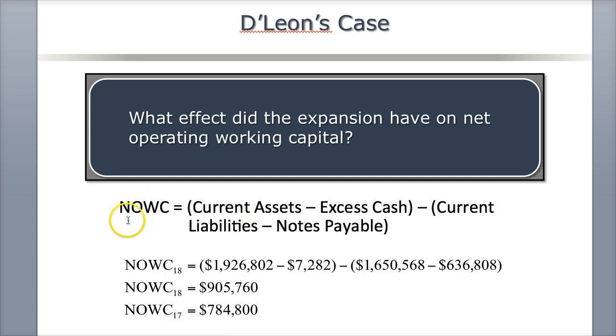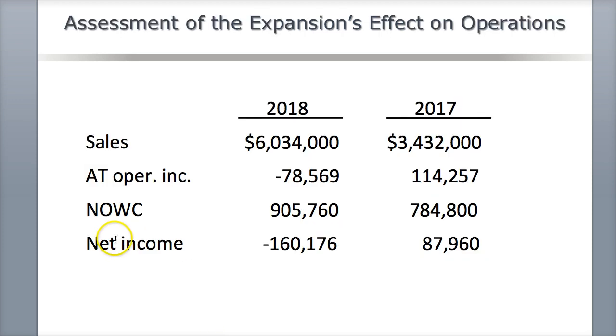So let's look at our net operating working capital. If we take our current assets minus excess cash, we subtract that from our current liabilities minus notes payable, we find that our net operating working capital is $905 versus $784 in 2017. So let's look at the assessment of the expansion on the operations of the company.